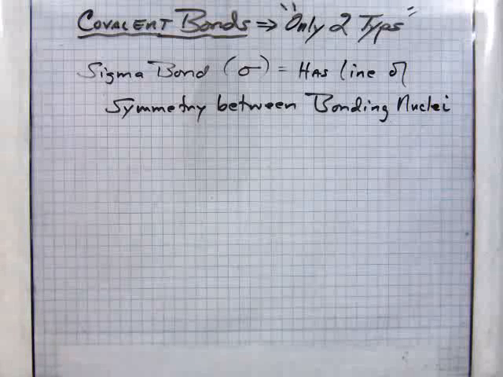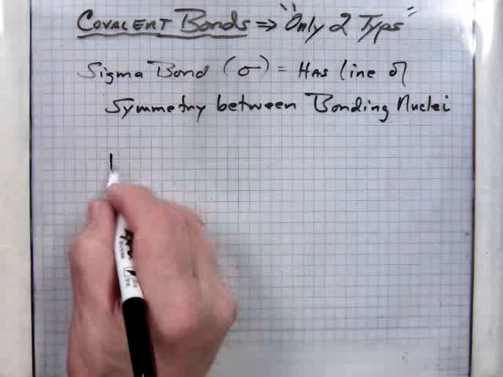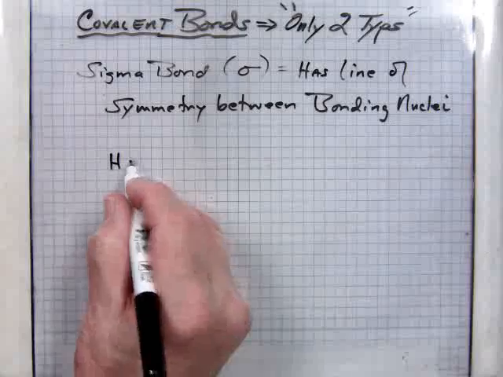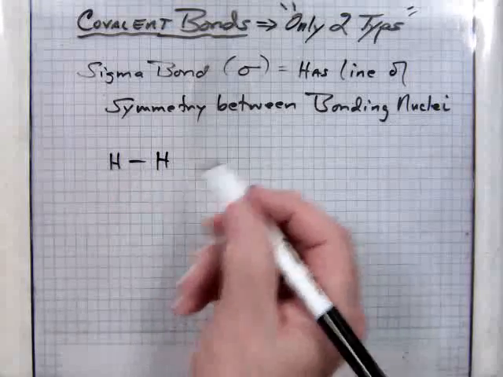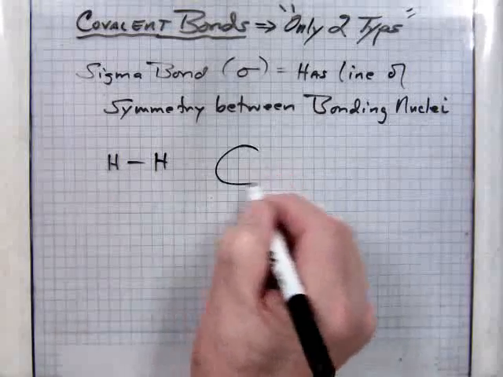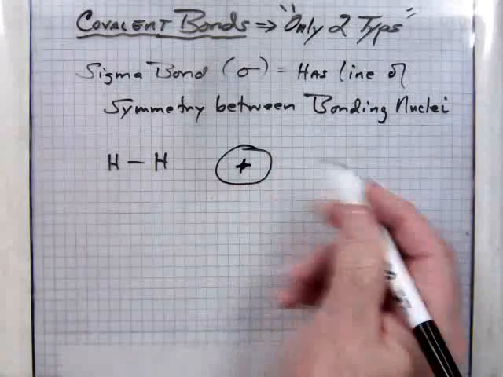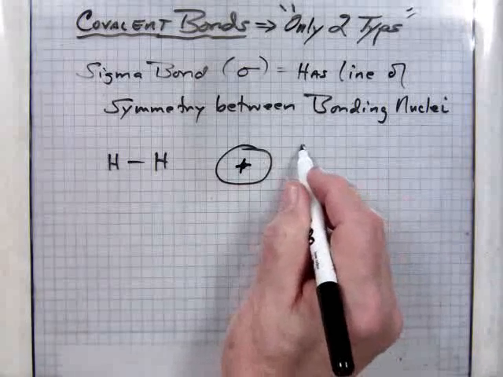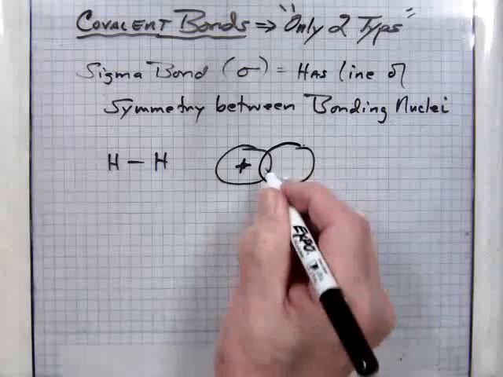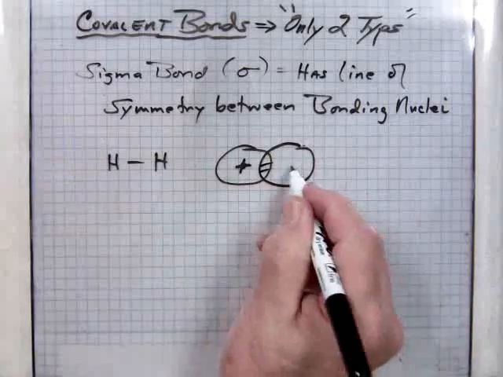This means that you can draw a line through the center of both nuclei in that particular bond. If you have hydrogen bonded to hydrogen, then you have a structure with a nucleus overlapping the orbitals, your bonded pair here.